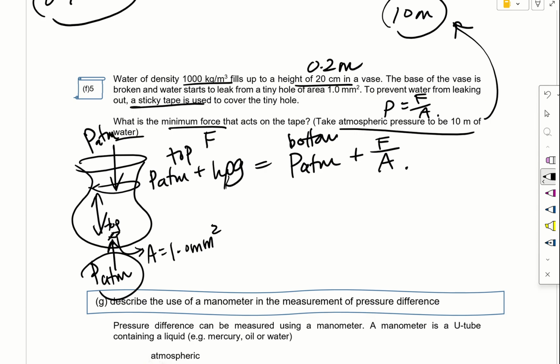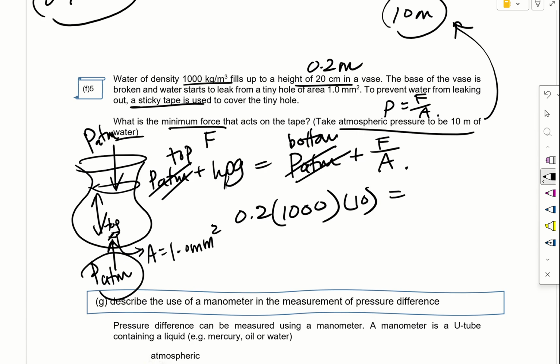Since PATM appears on both sides, they can be cancelled out. So I just need to find the pressure on the top of the tape due to the liquid, and it will equal the force exerted by the sticky tape to prevent water from leaking out. So substitute height as 0.2, density is 1000, and g to be 10.